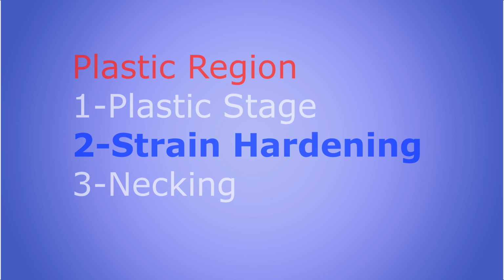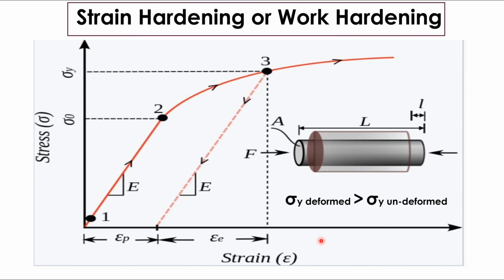What is strain hardening? In this region, permanent plastic deformation occurs in an object or a body, meaning after removal of the load or force, the material will not come back to its 100% original position or shape. This plastic deformation is due to the strain hardening occurring in the material.